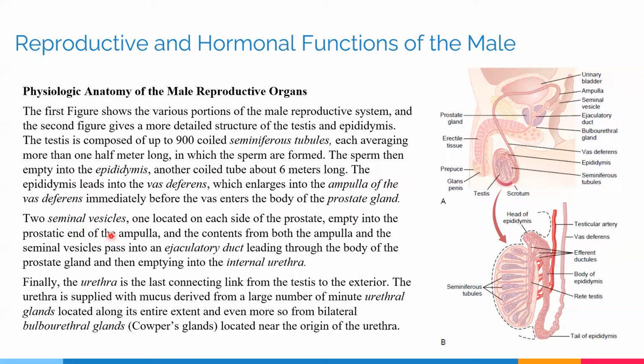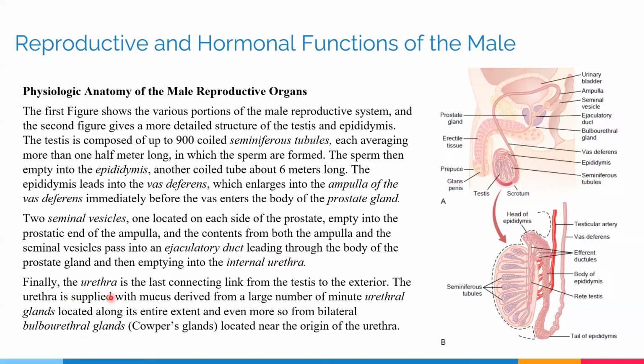Two seminal vesicles, one located on each side of the prostate, empty into the prostatic end of the ampulla, and the contents from both the ampulla and the seminal vesicles pass into an ejaculatory duct leading through the body of the prostate gland and then emptying into the internal urethra.